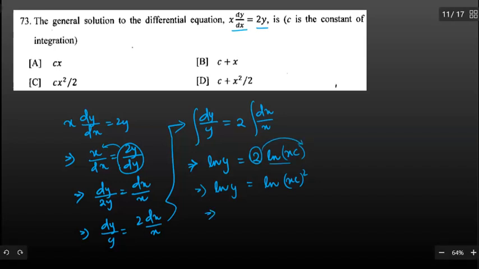Okay, so we have y equals x square c square. Now c square is also constant, so we have to see in which solution y equals x square multiplied with a constant. Here x square plus a constant, so this is not the solution. Here x is present, here x is present, here c x square by 2, that means this term is getting multiplied. So correct answer is option number C, that is cx square divided by 2.